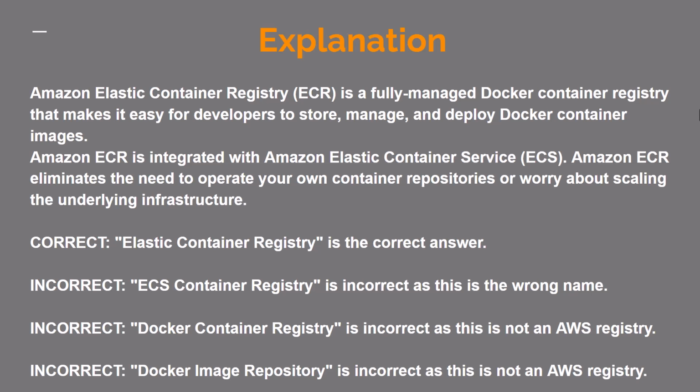Correct. Elastic Container Registry is the correct answer. Incorrect. ECS Container Registry is incorrect as this is the wrong name. Incorrect. Docker Container Registry is incorrect as this is not an AWS registry. Incorrect. Docker Image Repository is incorrect as this is not an AWS registry.